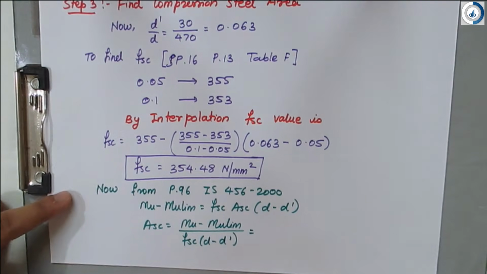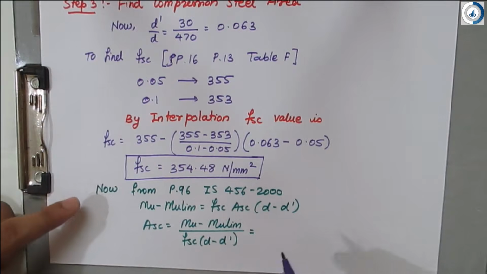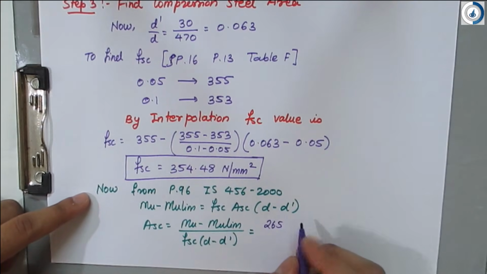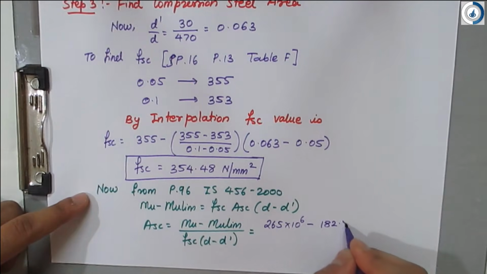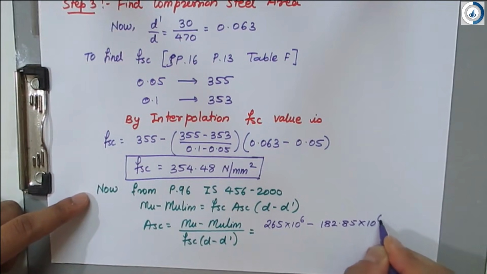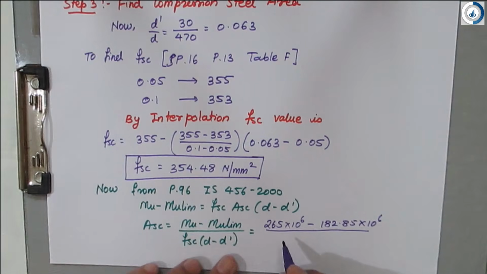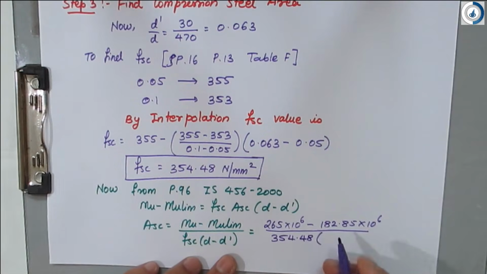So just substitute the values here. Your Mu is 265 kilonewton meter, which in Newton millimeter becomes 265 into 10 raised to 6, minus 182.85 into 10 raised to 6, divided by the fsc value we just calculated, that is 354.48, times d minus d dash, that is 470 minus 30.